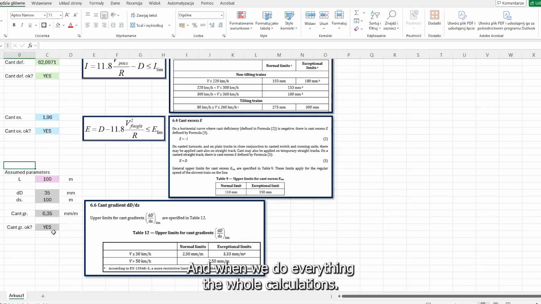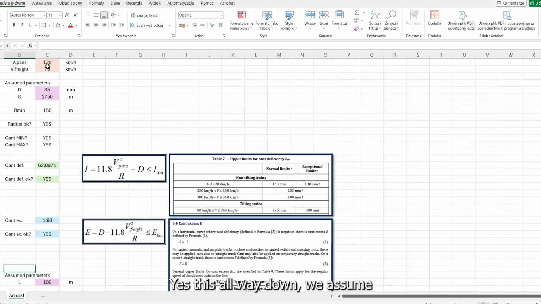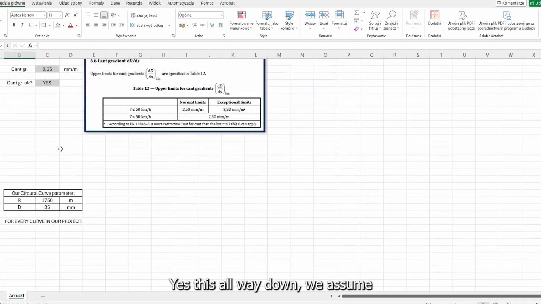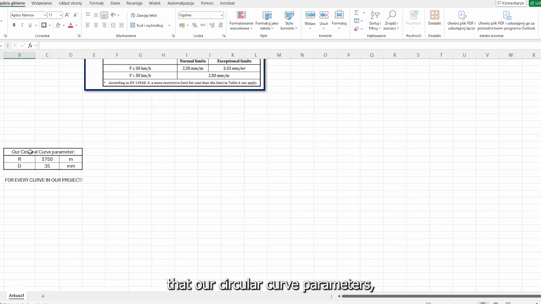When we do the whole calculations, we assume that our circular curve parameters are a radius of 1,750 meters and a cant value of 35 millimeters.